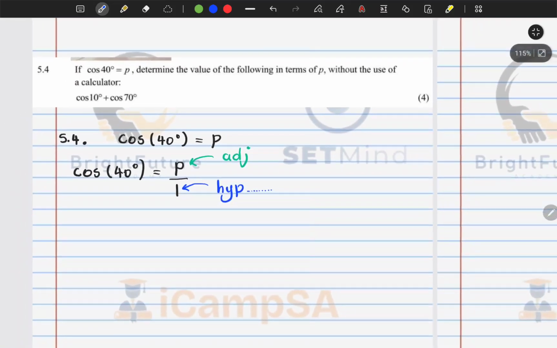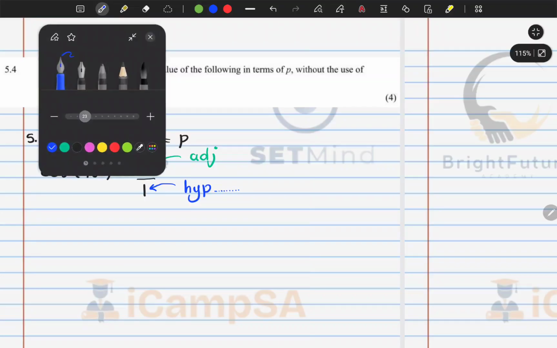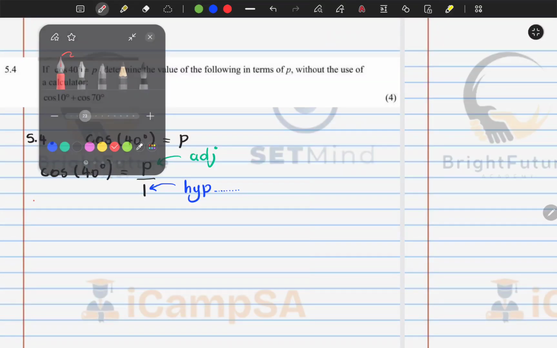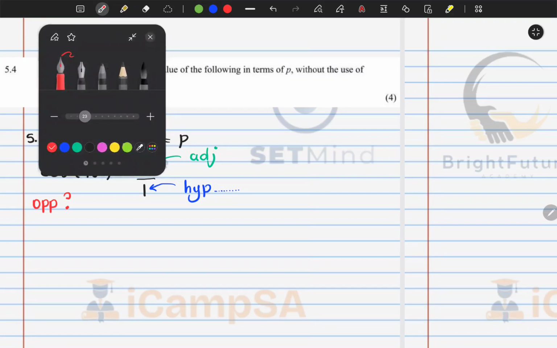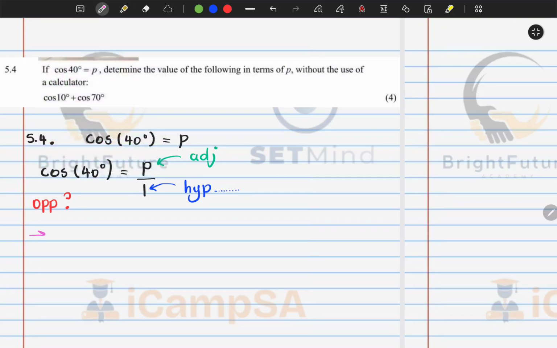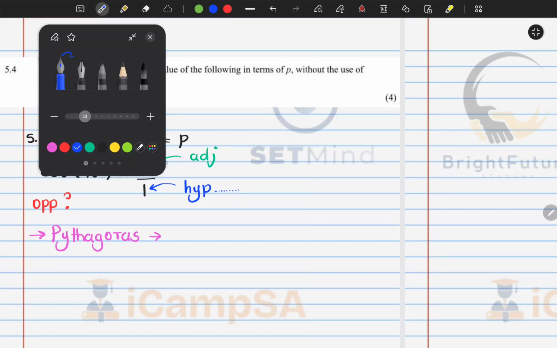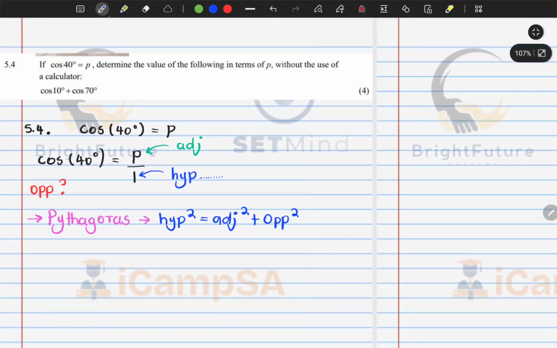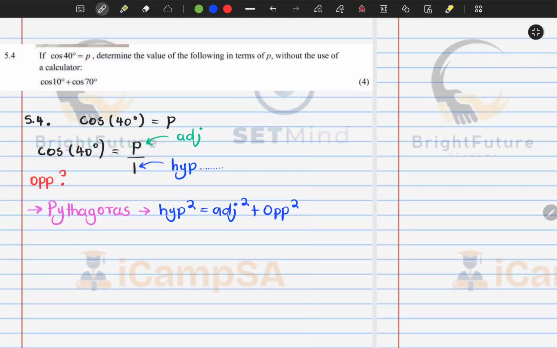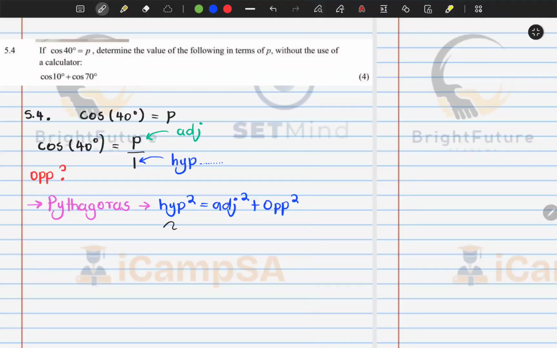Okay. And guess what? We can now figure out the very important part, which is our opposite side. According to Pythagoras, the hypotenuse squared is the same as the adjacent side squared plus our opposite side squared. If you observe carefully, our hypotenuse is 1.